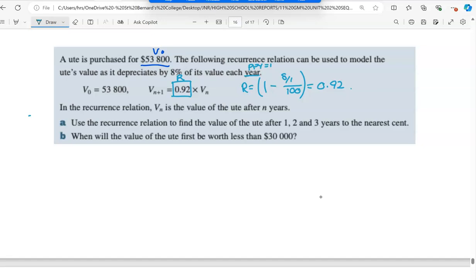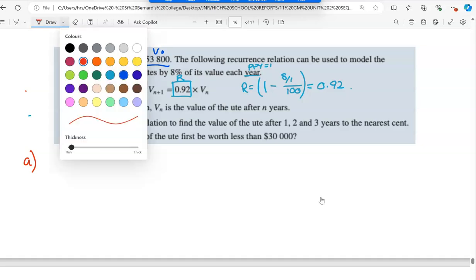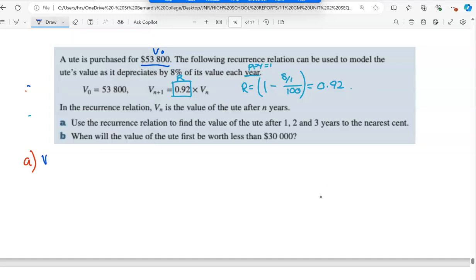Okay. So once again, we're just doing another practice where it says use the recurrence relation to find the value after 1, 2, and 3. So V1 equals 0.92 times 53,800, and we get 49,496. V2 will be 0.92 times that previous answer, because that's what recursive means.